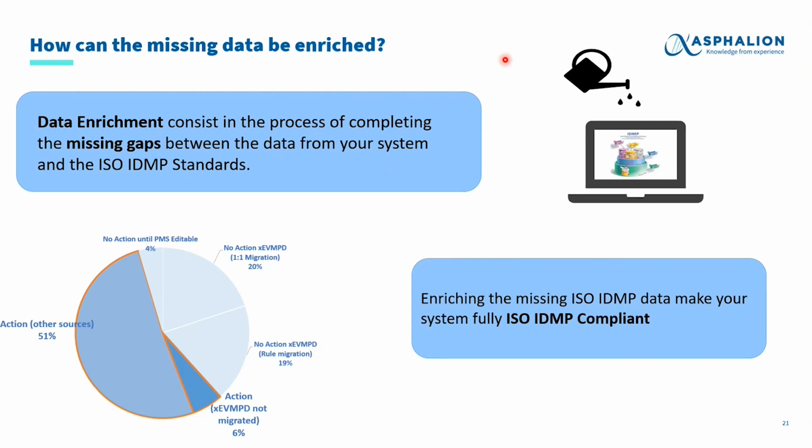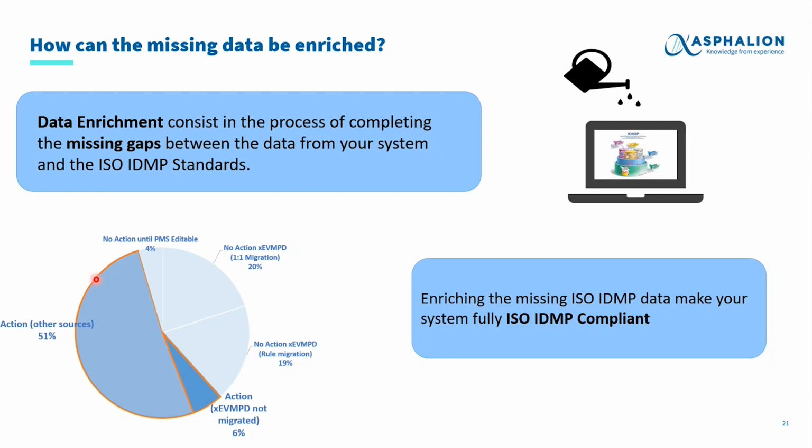So now that we know what we're going to do with the data that we do have, let's focus on the data that we do not have: the data from the ISO IDMP fields that are not covered by XEVMPD. For these fields, data enrichment needs to be done. In this context, data enrichment consists of the process of completing the missing gaps between the data from your system and the ISO IDMP standards.